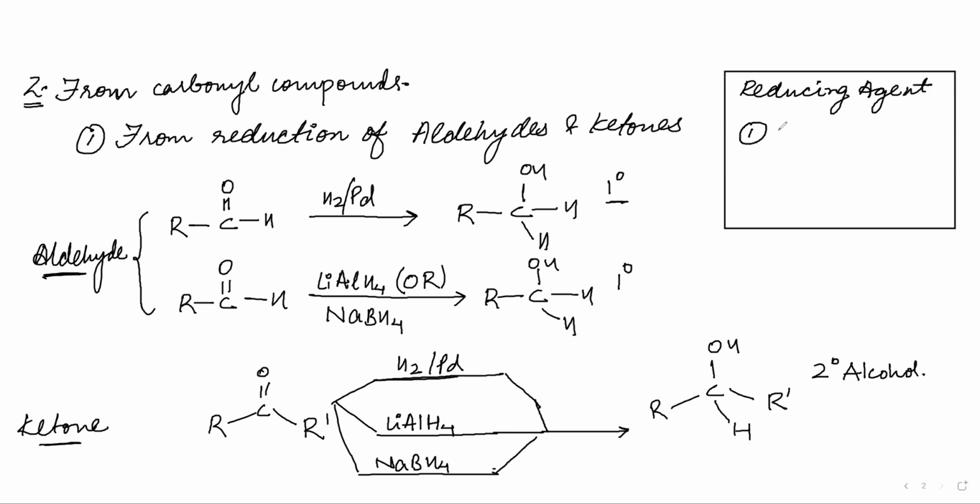Number 1, H2 in the presence of Pd, palladium. Secondly, you have learned LiAlH4. And the third is NaBH4. These are the 3 reducing agents that you have learned. You can copy this and we can move on.